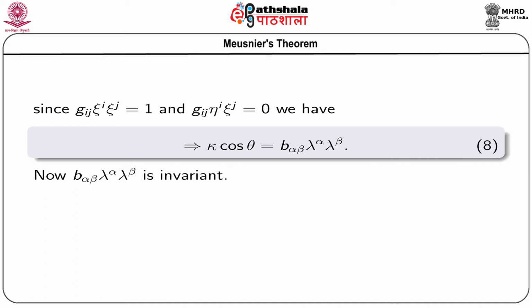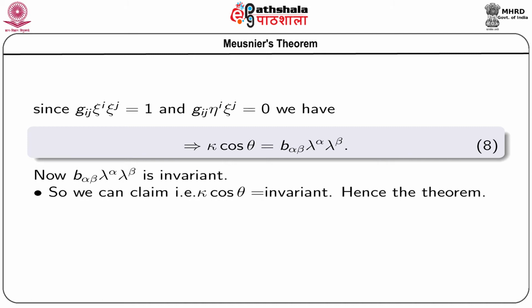So, b_alpha beta lambda^alpha lambda^beta becomes invariant. That means kappa cos theta is invariant. So, we can claim that kappa cos theta is invariant, hence the theorem. So, this is the proof of Meusnier's theorem.